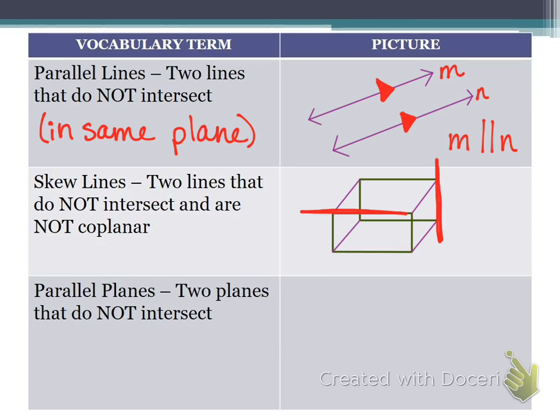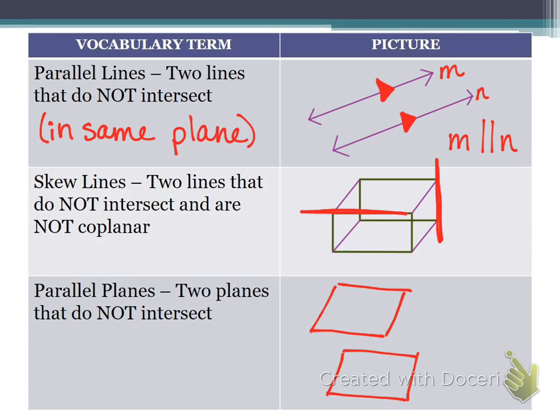Parallel planes are just planes that don't touch each other. So generally we would have a plane represented up here and then another one down here where they're just not going to touch each other. You could think about parallel planes like the floors and ceilings of a building.